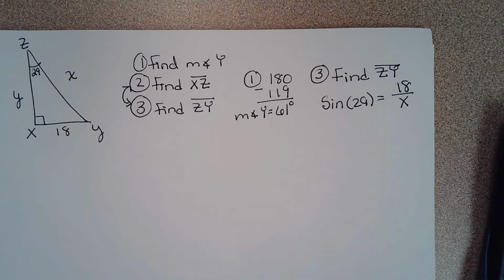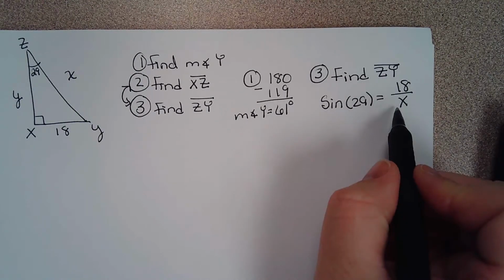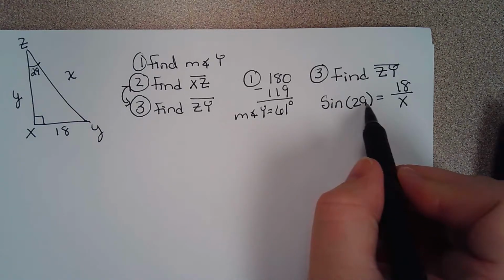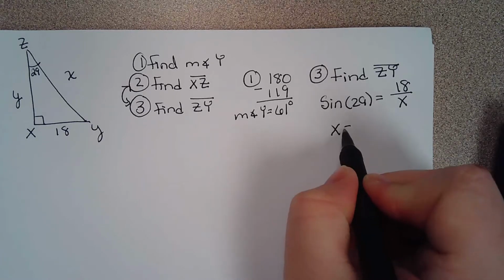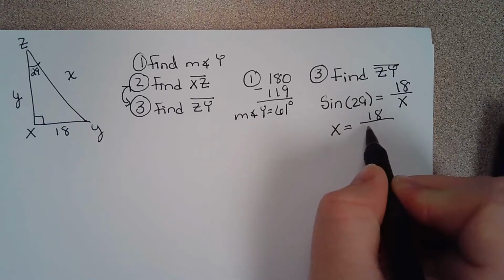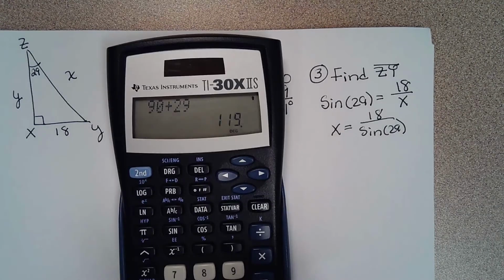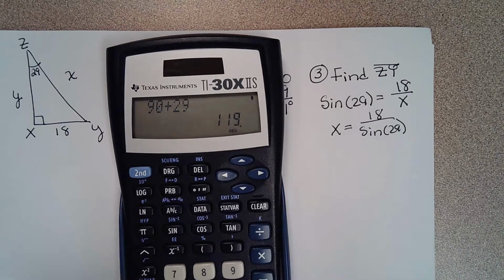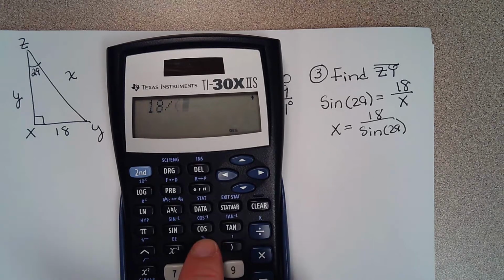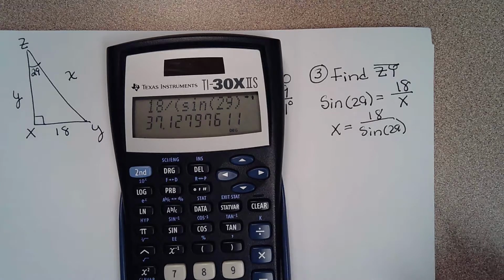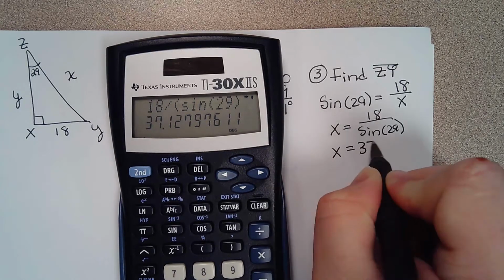So for this particular one, remember, like I said in the last video, 9.5, when you are doing these, they basically switch out. So x is going to end up equaling 18 over sine 29. So let's put this in our calculator. So I have 18 divided by parenthesis sine 29, and I should get x equals 37.1.